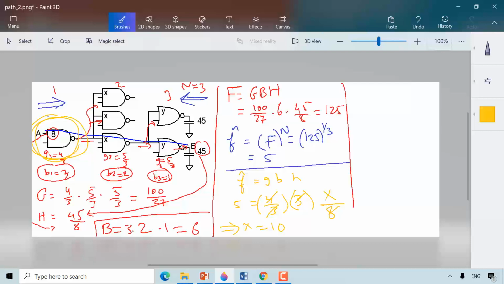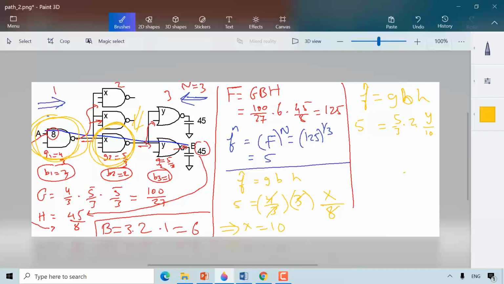Let's try to solve variable Y, and I can look at this gate from here or here. So let's take a look at this gate here to solve variable Y. Again, F hat equals GBH. So F hat, which is 5, G for this gate is 5/3, and the branching is 2, times H, which is Y over X, which is 10.